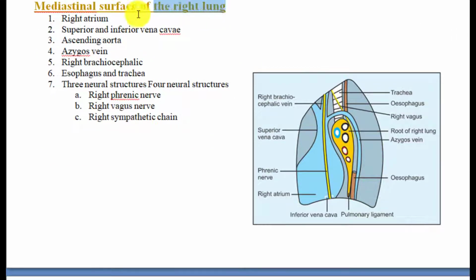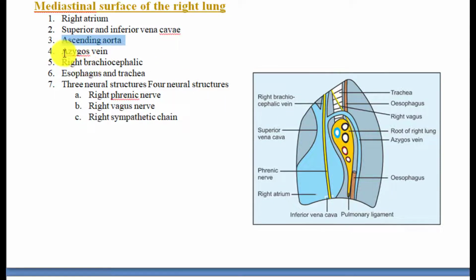Now the structures which are related to the mediastinal surface of the right lung are the impression for the right atrium of the heart. Then superior and inferior vena cava. Then there is the ascending aorta, the branch of the ascending aorta goes up.